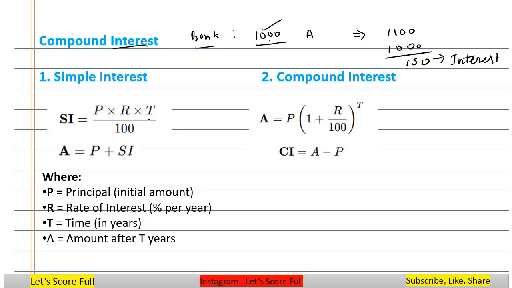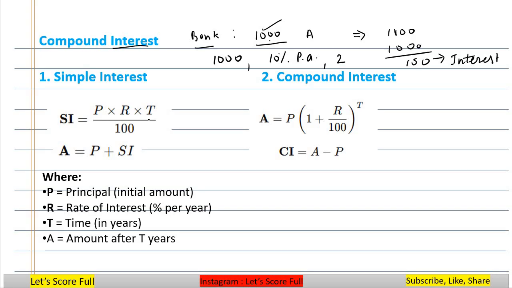What is simple interest? Simple interest is calculated as flat for the whole time period. What I mean is, suppose there is 1,000 rupees. The rate of interest the bank is charging is, suppose, 10% per annum. This is the compounding period. What is the compounding period? That also I will explain. And suppose the time is 2 years.